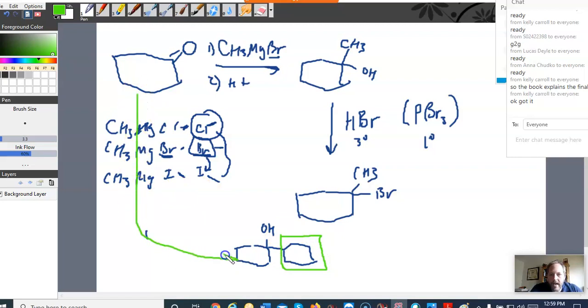So you are going to add the cyclohexyl Grignard. That green's a little too bright. I won't use that green anymore. And then the second step is adding acid to protonate it. Okay? Any questions?